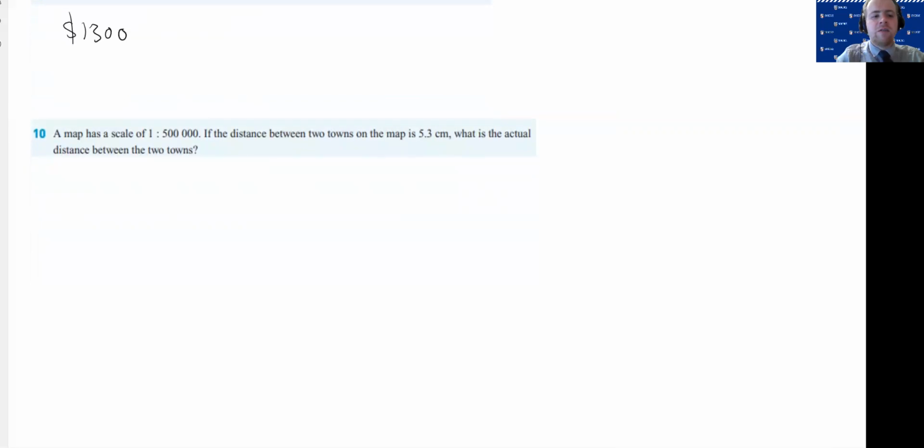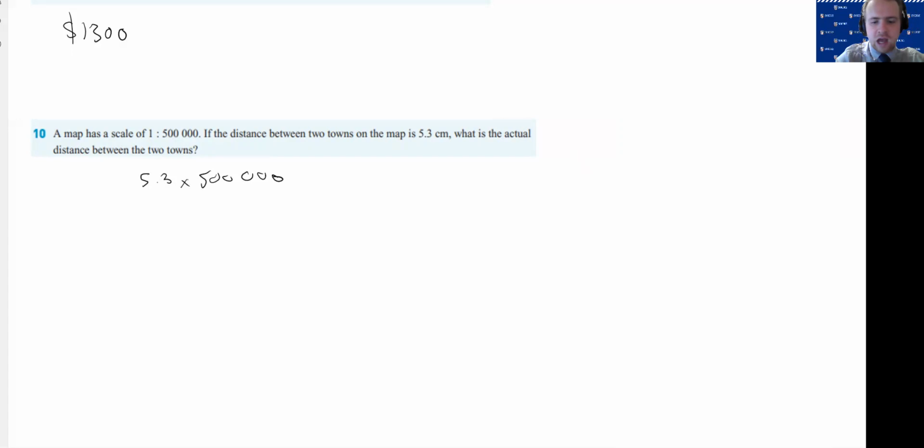All right, for 10, a map has a scale of 1 part to 500,000. If the distance between two towns on the map is 5.3 centimeters, what is the actual distance between the two towns? Okay, so we know that 1 part is 5.3. So to get 500,000 parts, we just do 5.3 times 500,000.